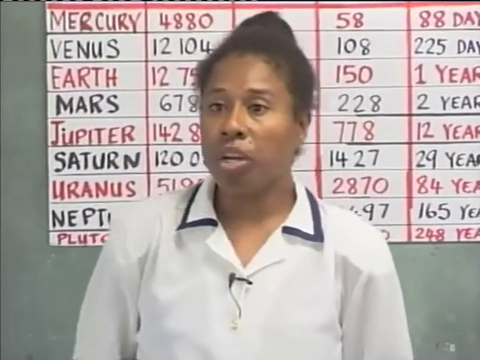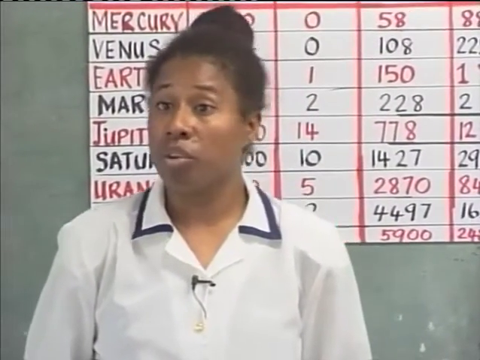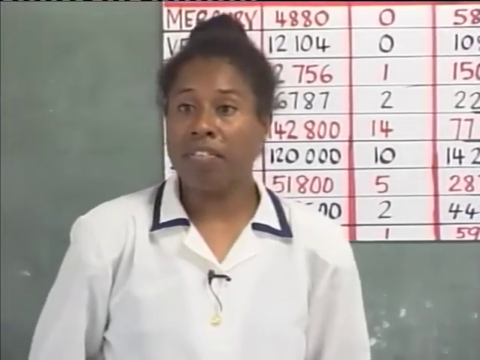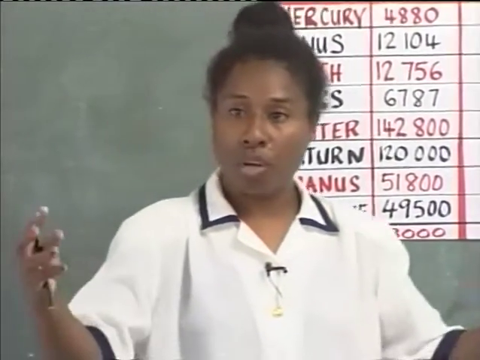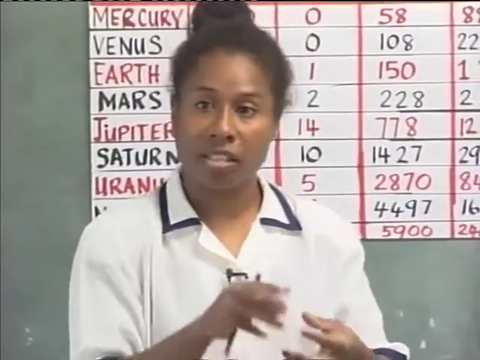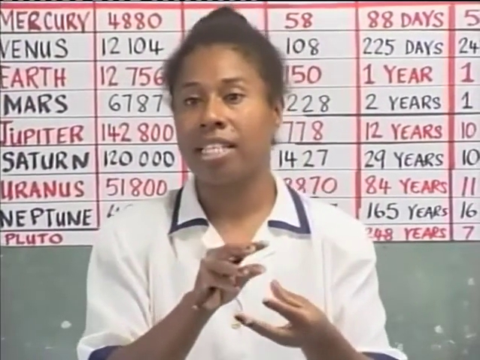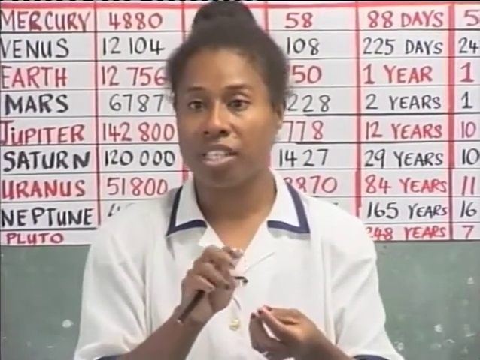In the beginning, when we looked at the formation of the Earth, we also noted that the gravitational pull of the sun contributed to the pulling of all the other planets in towards a center mass, which is the sun.